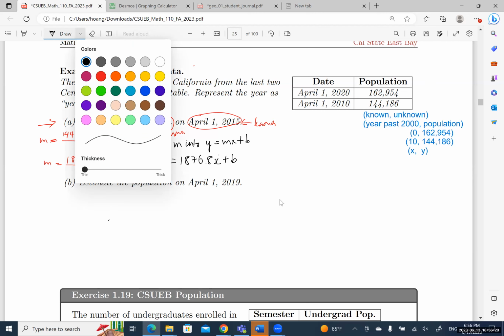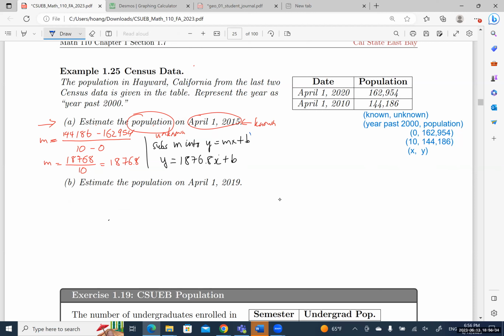The next step is to substitute a point to solve for b.